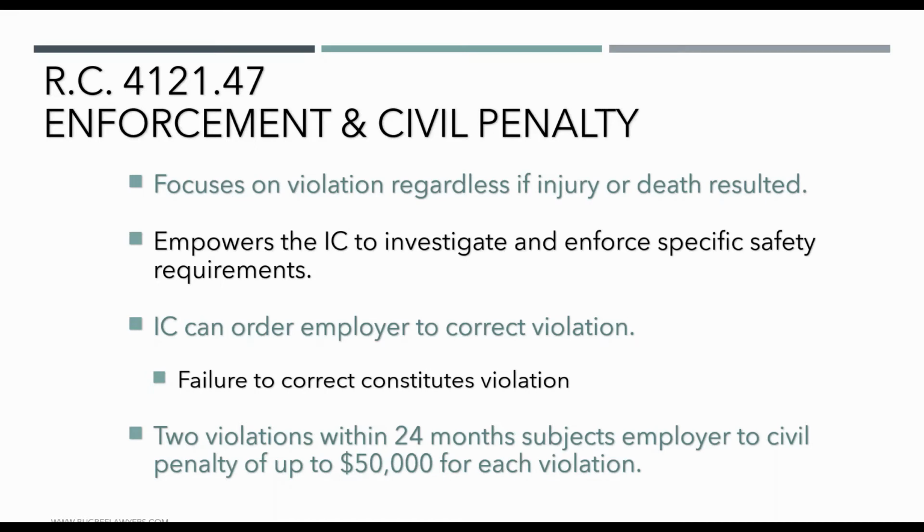Even if there's no proximate cause between the violation and the injury, this statutory provision gives the commission the authority to find the violation, to order that it be corrected, and if the employer fails to correct it, then the employer would be subject to a fine of the amount that I've already indicated. And remember, all of this happens even if it cannot be shown that an injury resulted from the violation.